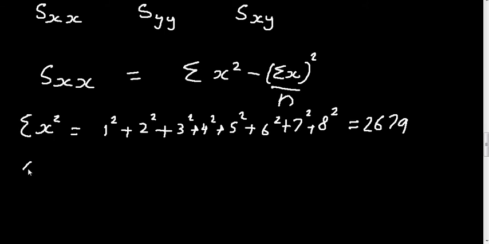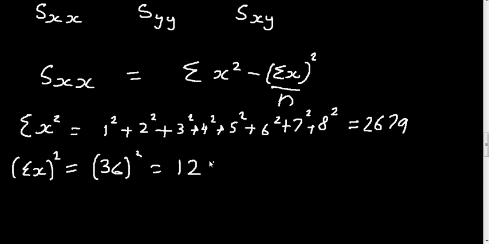Next, I add up all my x terms and then square it. I add up from 1 to 8, which is 36, and then I square it, which is 1296.